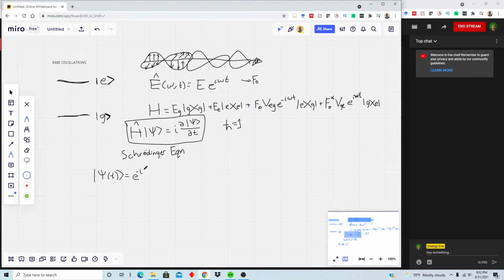So e to the i E_G times time, and then we have a constant. So we're going to consider a ground state, and then we have |G> plus e to the i E_E t, so it's the energy of the excited state. Then we have a constant.